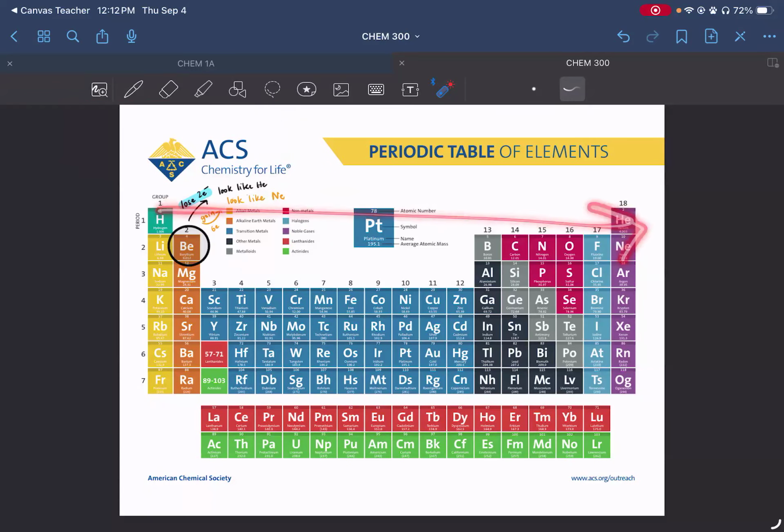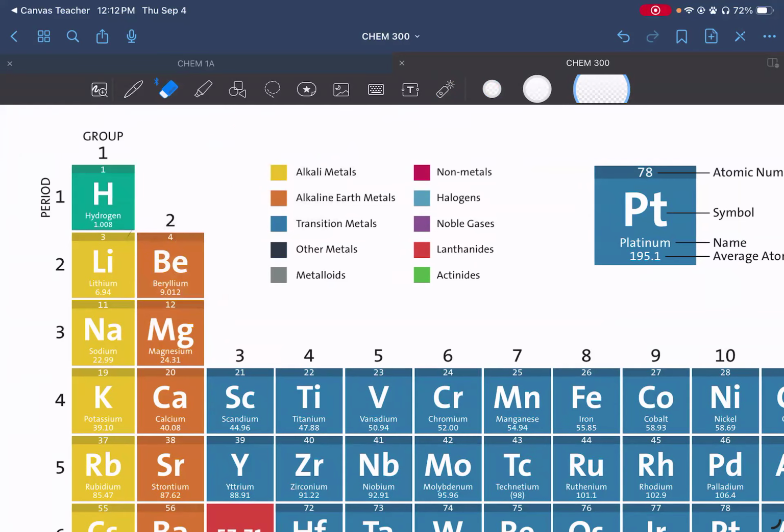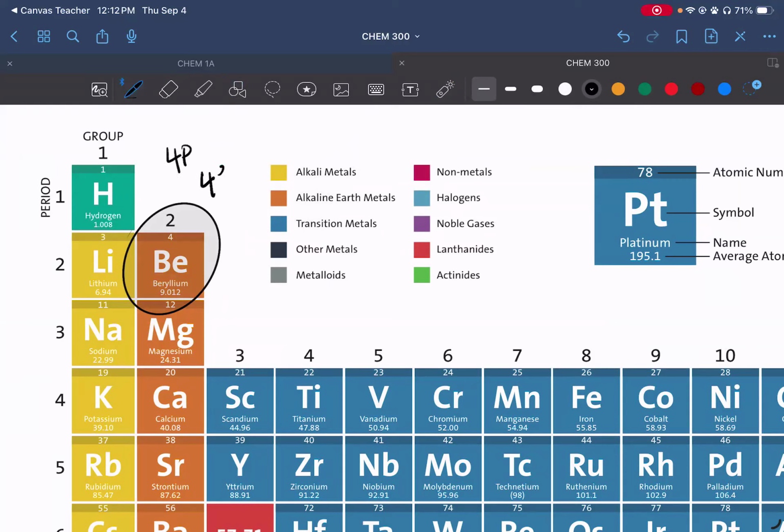What about across? You see, the challenge here is if we take, for example, something like beryllium, we recognize, okay, beryllium has 4 protons, 4 electrons. We know that from the atomic number.